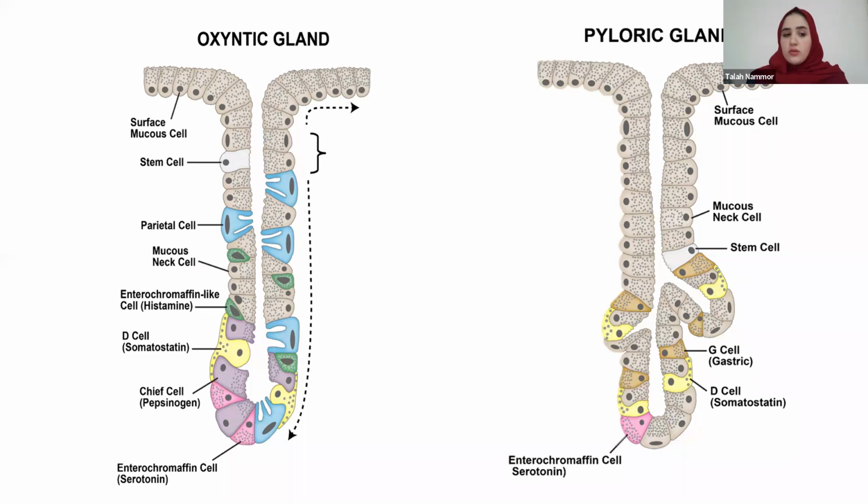We're going to go into the details of this later on, but it's important to know that enterochromaffin-like cells are very important due to the release of histamine. And why is histamine important? I just mentioned: to release HCl. Okay, perfect. Yes, exactly. Histamine will bind to parietal cells, and I'll show you in the forward slides exactly how this happens.